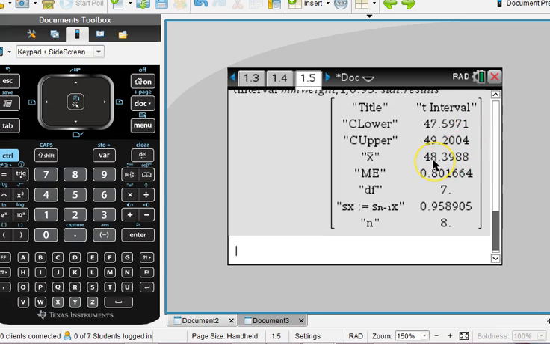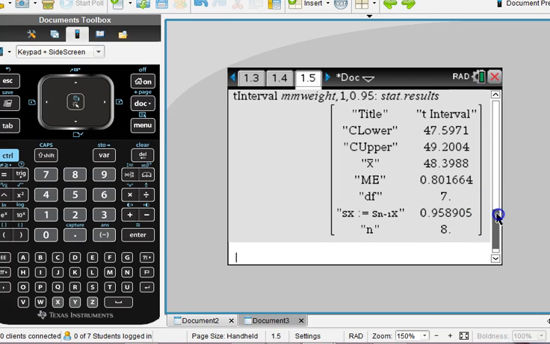It gives you the mean and the standard deviation of your sample. It gives you the confidence level, the lower and upper bounds of the confidence interval. It gives you the margin of error. This is definitely the way to go here. So you can get this information first and then just plug it into your formula, which is a whole lot easier.